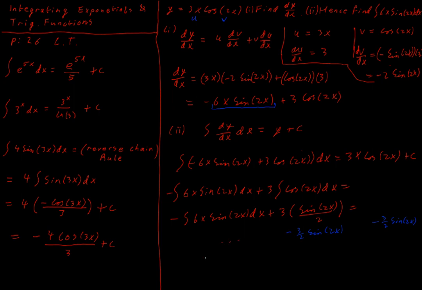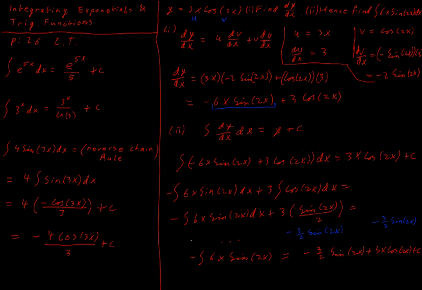So when you do your rearranging, you will end up with the integral of 6x sine 2x is going to be equal to, I have space, so I'll put it in as a separate line, minus 3 over 2 sine 2x plus 3x cos 2x plus c.